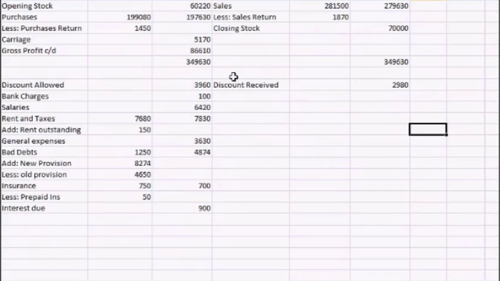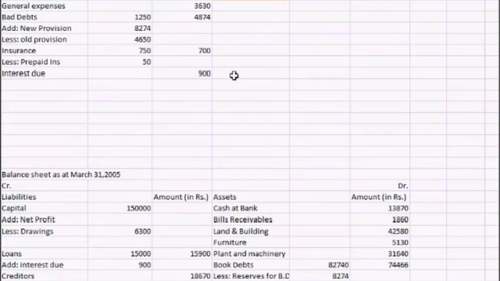Now what we need to do is just bring down this gross profit. The amount is 86610.